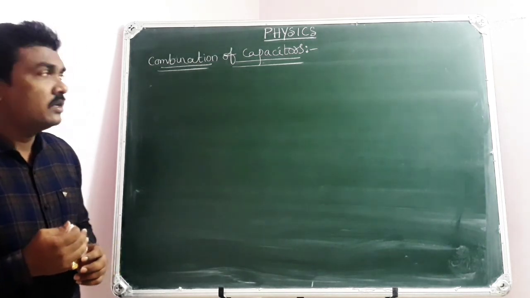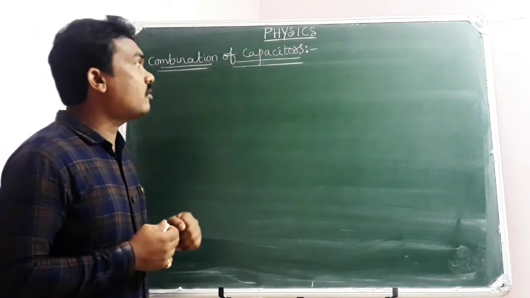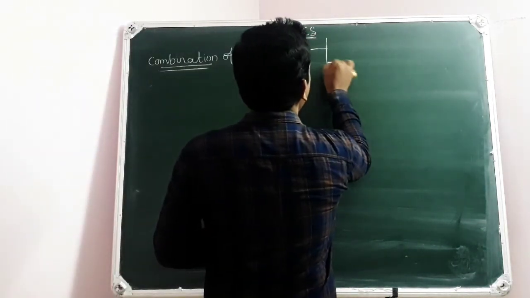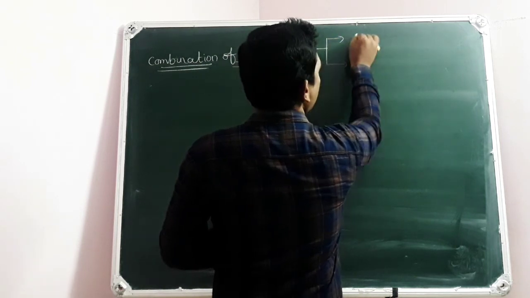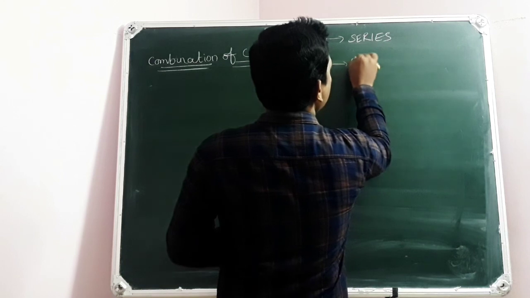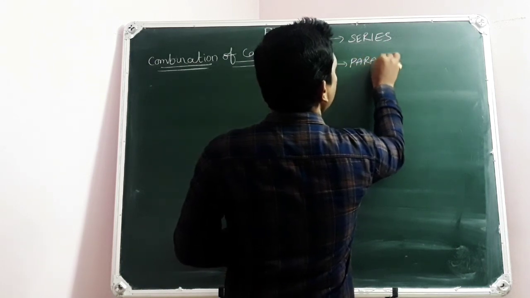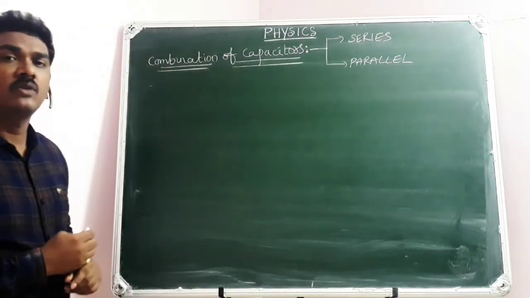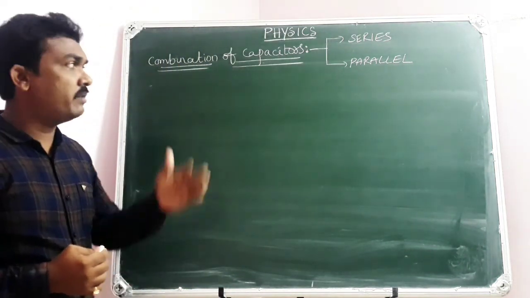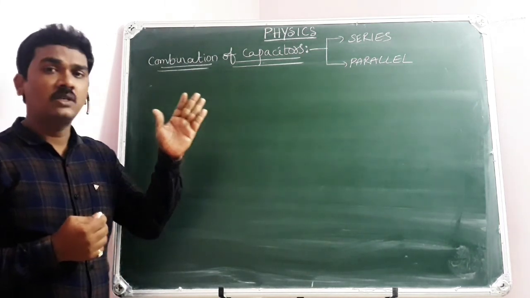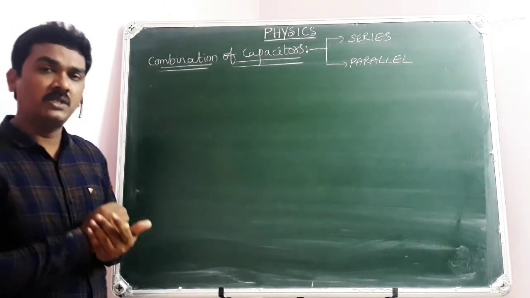While dealing with the combination of capacitors, we can connect the capacitors in two different ways. One is series combination of capacitors and the other is parallel combination of capacitors. Two or more capacitors can be connected either in series combination or in parallel combination.